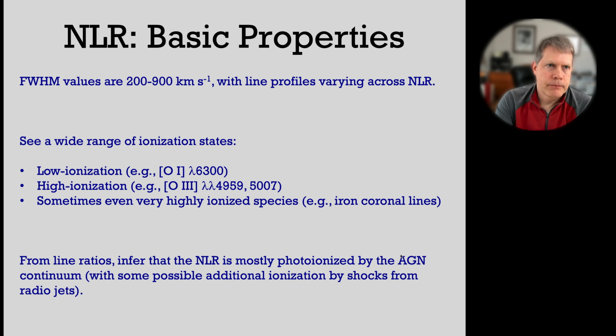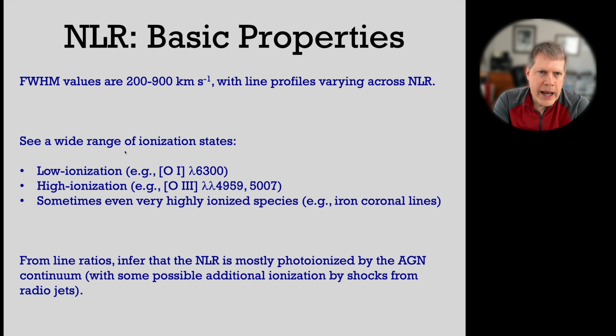Okay, so then, if you look at just the full width half maximum values of NLR lines, they are typically between about 200 and 900 kilometers per second, with the line profiles varying spatially as you go across the narrow line region. And I'll show you some nice examples of that in a few slides.